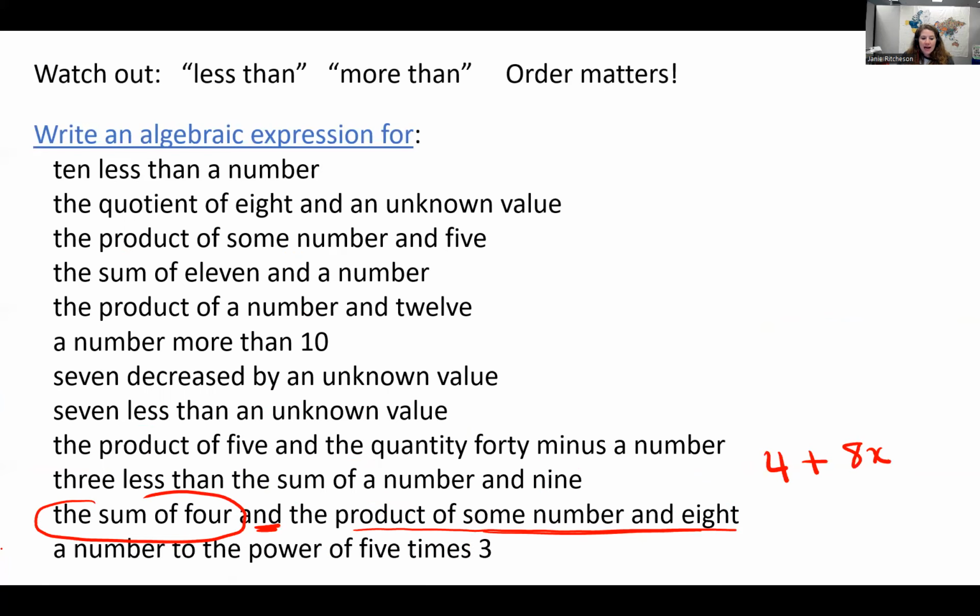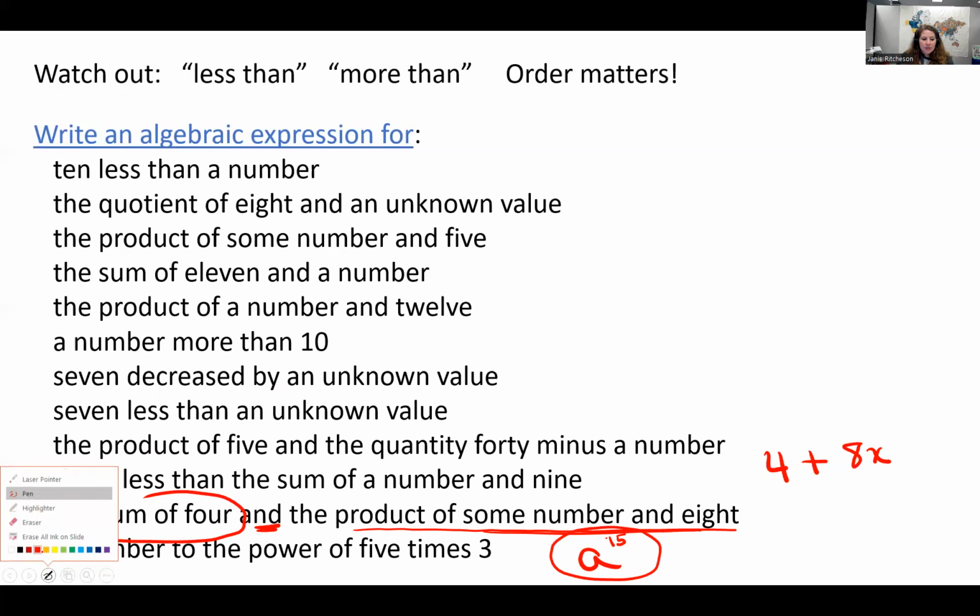A number to the power of 5 times 3. 5 times 3 is 15. Oh, I'm saying it wrong.